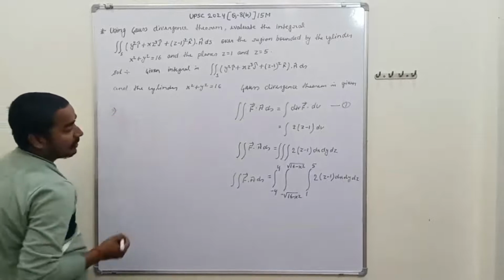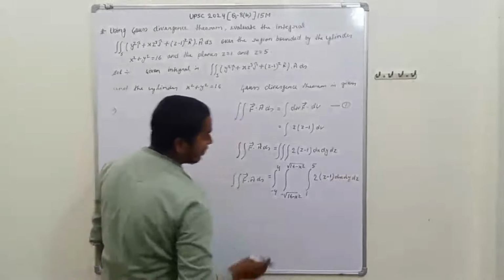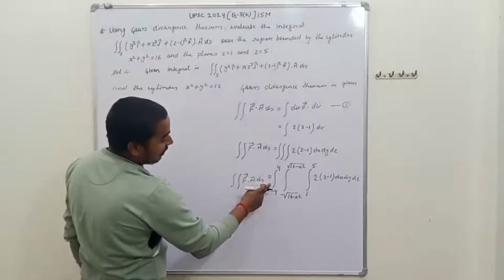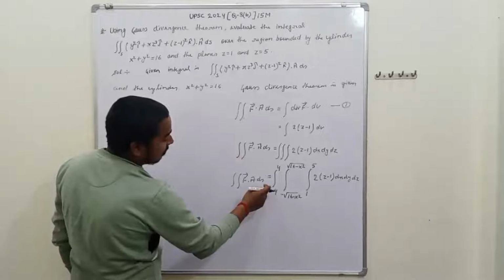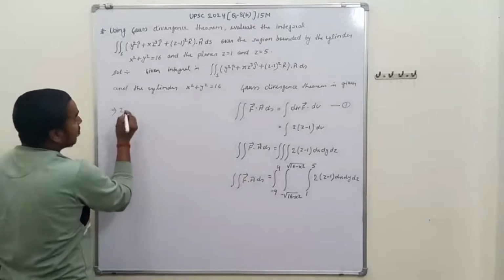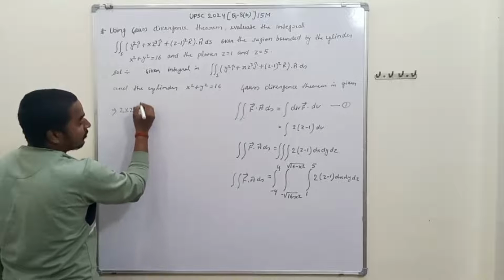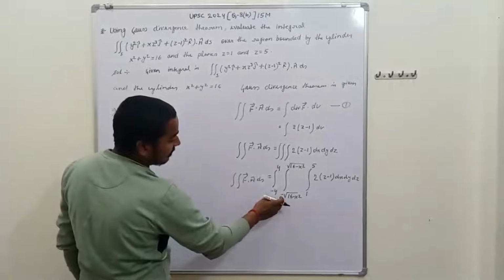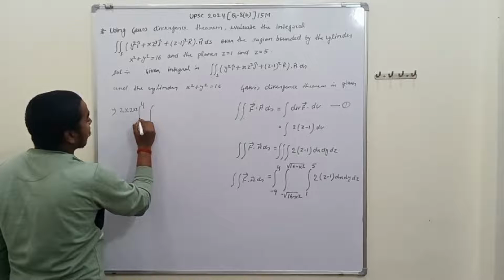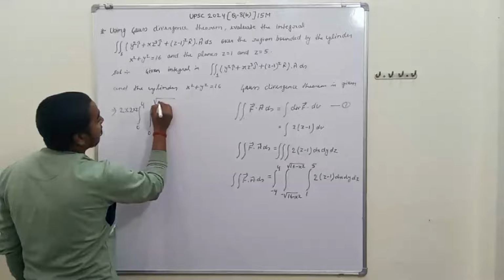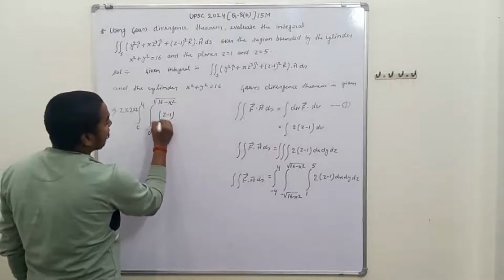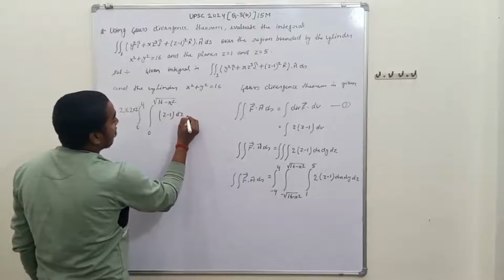Solving the given integral, first we integrate with respect to z. 2 is taken outside, and taking half of the limits, that is, 2 times the integration of minus 4 to 4 becomes 2 times the integration of 0 to 4, and again for y, taking half of the limits, we write 2 times the integration of 0 to under root of 16 minus x square, of (z minus 1) dz, dx dy.